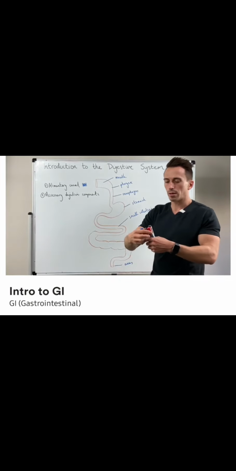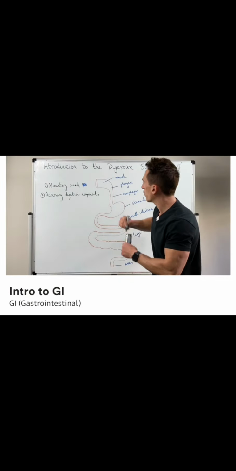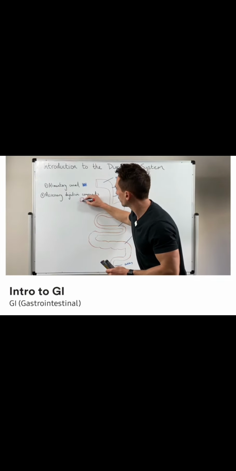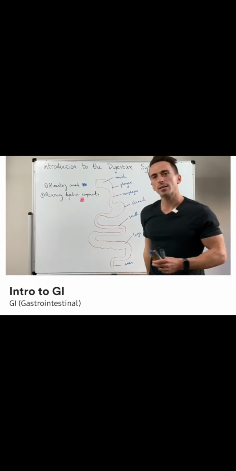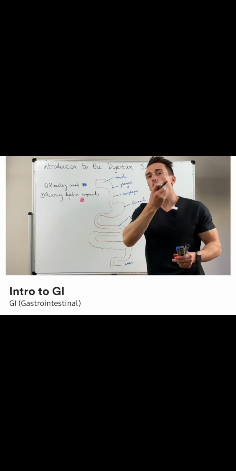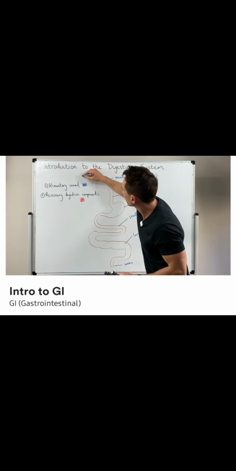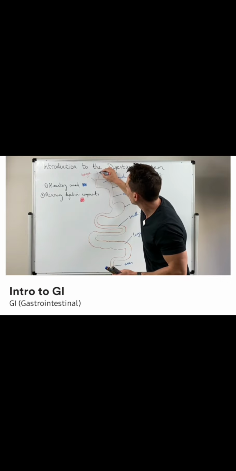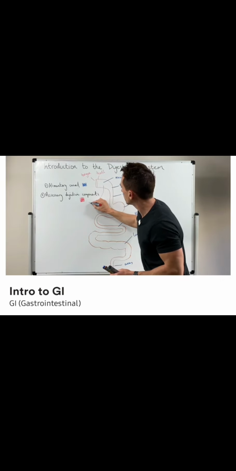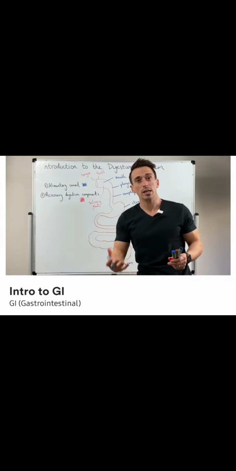Now the accessory components, which we're going to highlight here in red, include those of the oral cavity, which includes the tongue, teeth, and salivary glands, of which there are many kinds.